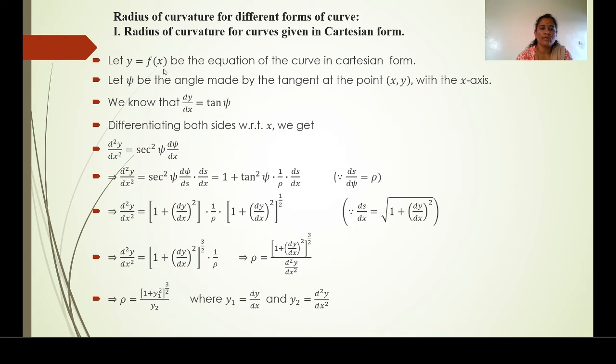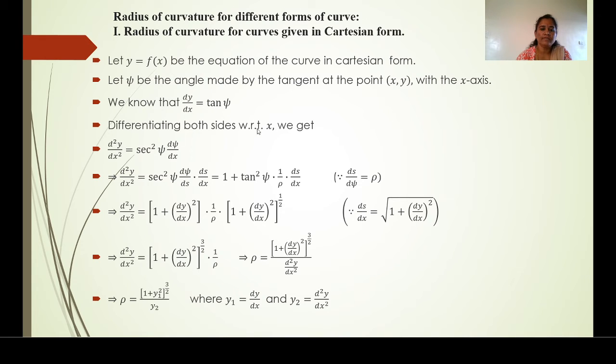Let y is equal to f of x be the given curve in Cartesian form. Let psi be the angle made by the tangent at the point (x, y) with the x-axis. We know that the slope of the tangent, dy by dx, is equal to tan psi.